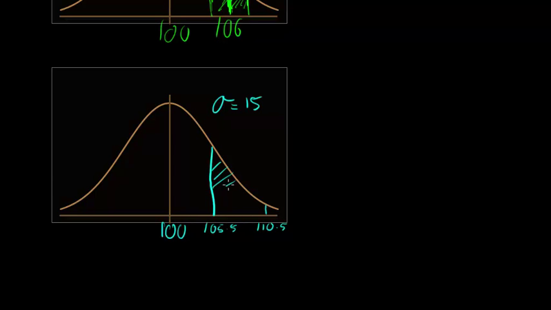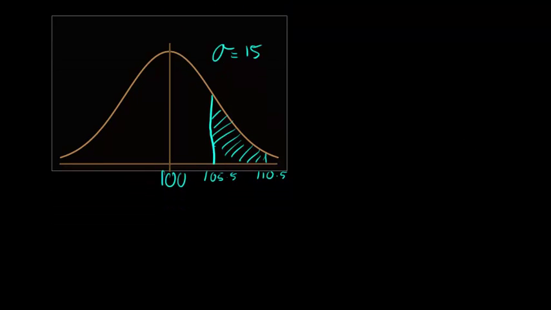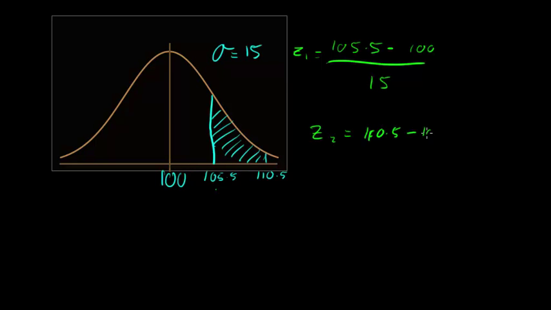I want to find this area here. And then we're just back into the stuff that we did in the last few examples. So we find our standardized scores: 105.5 minus 100 over 15 gives me my first standardized score, which I'll put in here. My second standardized score will be 110.5 minus 100 over 15, and that will give me Z2, which I'll put correspondingly with that.